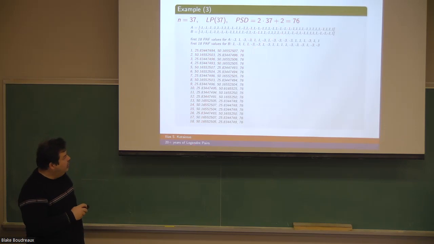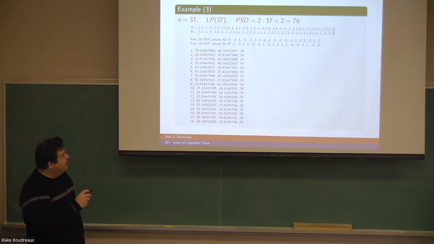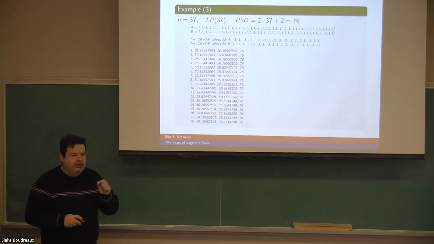And you can also notice here, if you look at these values, that in fact there are only two different values, right? The 25.8 and the 50.16 and so on. And that is also not accidental, but the sum is always equal to 76 in exact arithmetic, right?